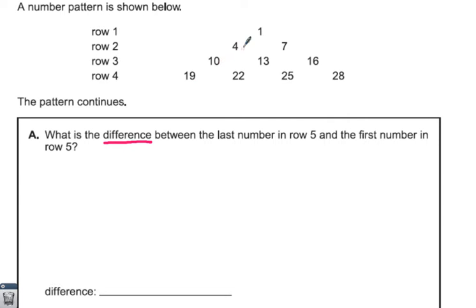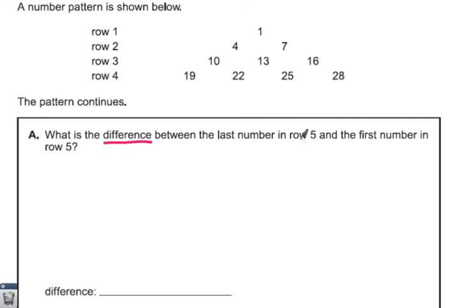And something I noticed pretty quickly is that we go 1, 4, 7, 10, 13, 16, 19, 22, 25. If we go in that sequence, literally left to right as we go down, we're always increasing by 3.